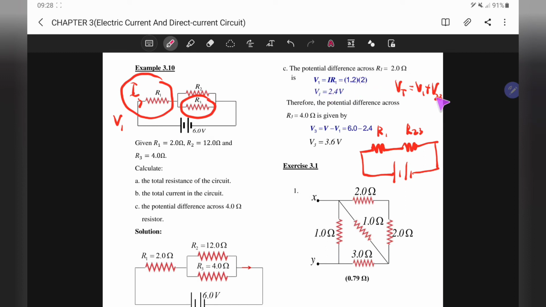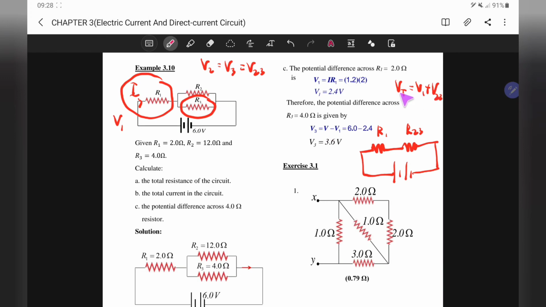As we know, 2 and 3 are arranged in parallel. So V2 equals V3 equals V23, isn't it? To calculate V3, we need to calculate V23 first. V total equals V1 plus V23.